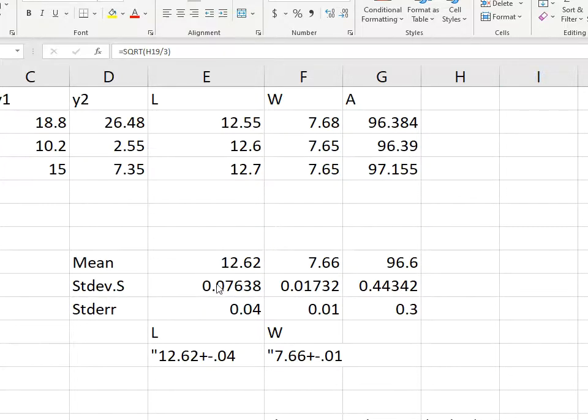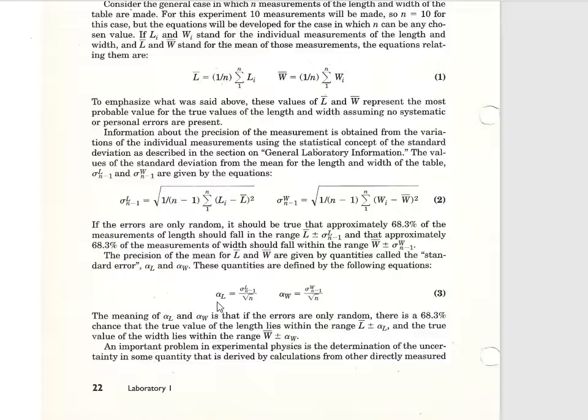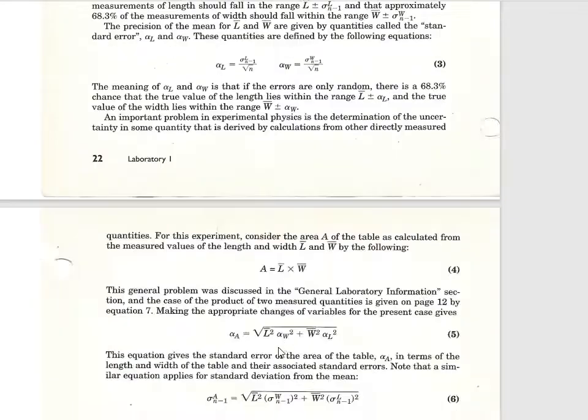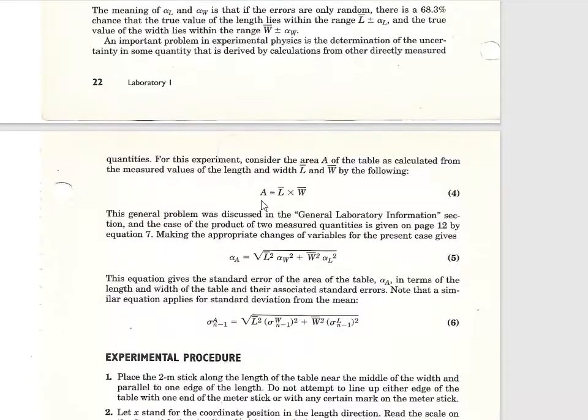So you can see it is far, far, far easier to type in stdev.s. So here in equation 3, we took our sample standard deviation divided by the square root of 3 to get our standard error.